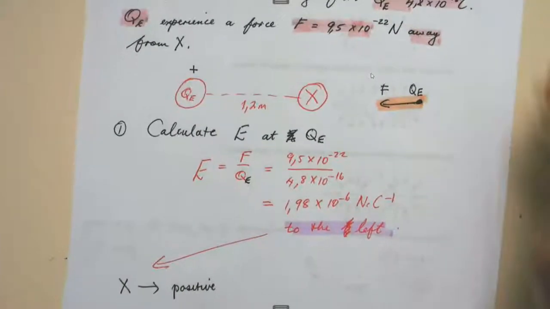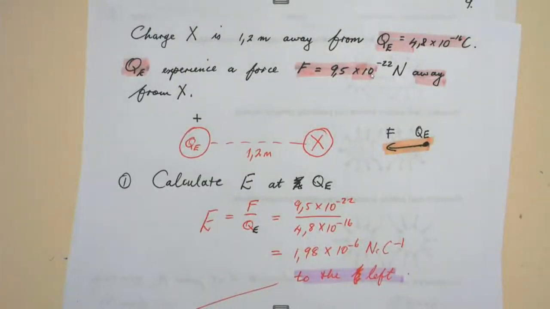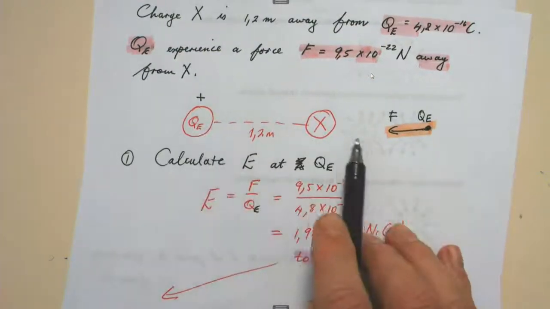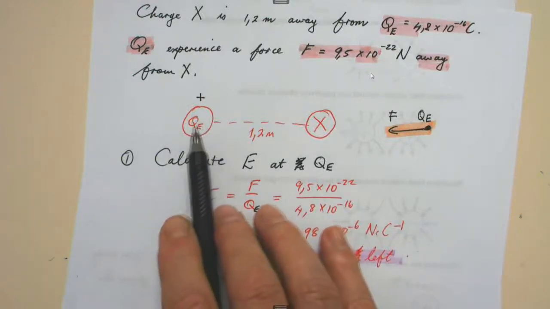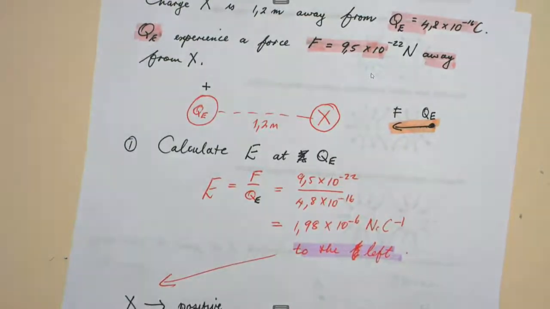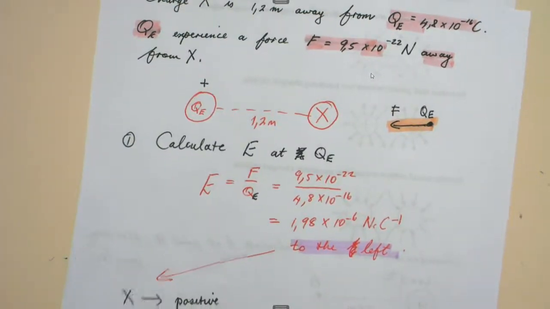When you work through different scenarios, you will see that that is true. The direction of the electrical field here, because of X, will be in the same direction as the force that this charge is experiencing, to the left. But I like to work it out with my positive test charge.